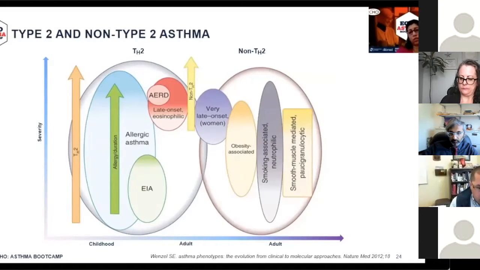Most non-type 2 asthma, however, tends to be adult onset and more likely to be associated with obesity. Late onset, particularly in women, can be associated with smoking, in which case it's more neutrophilic, as well as this concept of paucigranulocytic or non-inflammatory asthma.